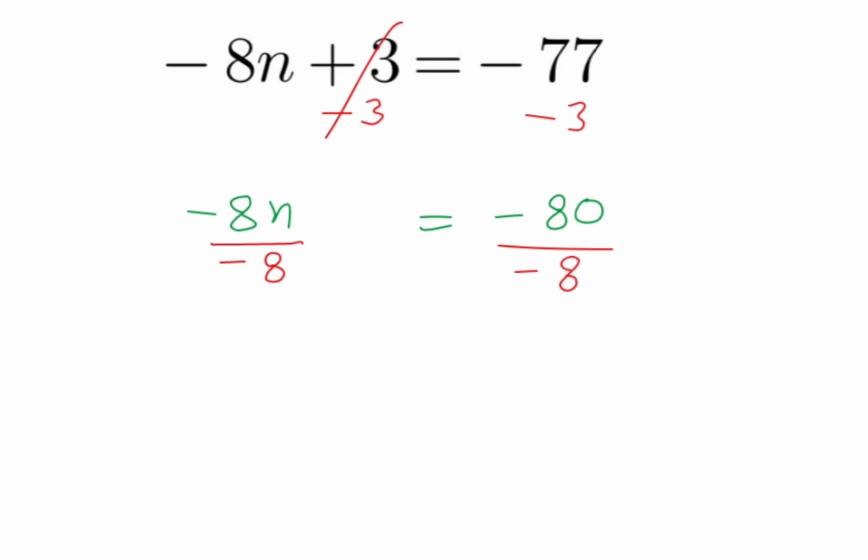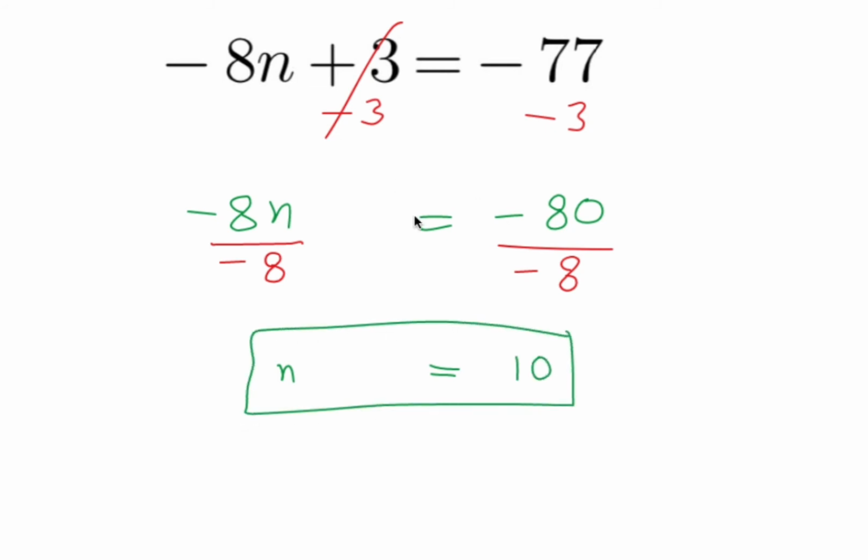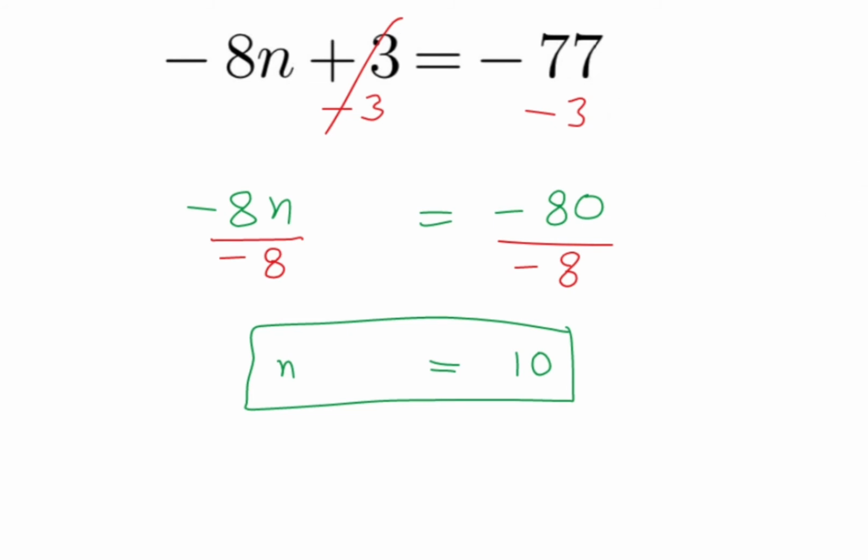Now minus 8 is cancelled by minus 8, so we get n, and minus minus cancel, making it positive, and 80 divided by 8 is 10. And your work is, you can put your n value and check whether you get minus 77 or not. It is your work, okay?